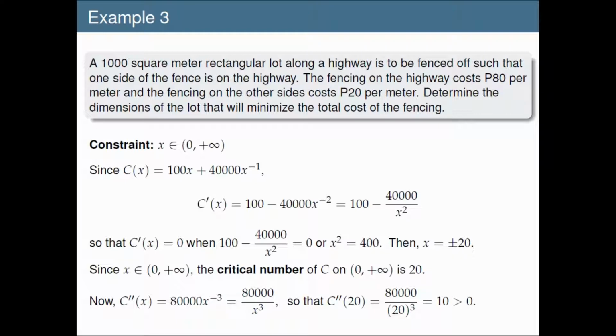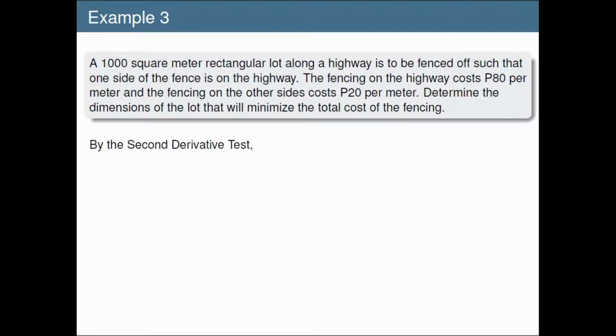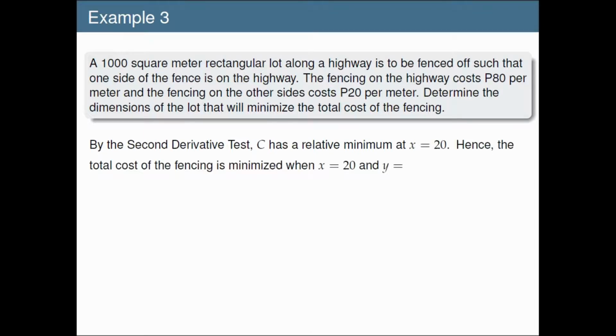Since c prime is 0 and c double prime is positive when x equals 20, then by the second derivative test, c has a relative minimum at x equals 20. Hence, the total cost of the fencing is minimized when x equals 20.